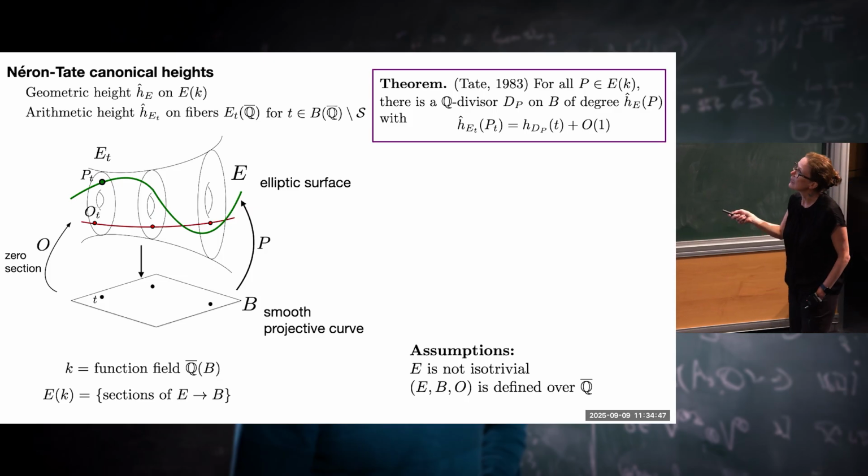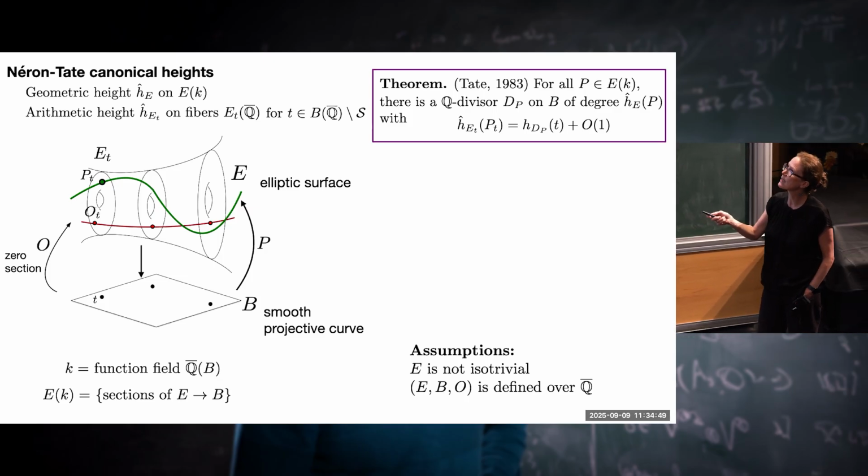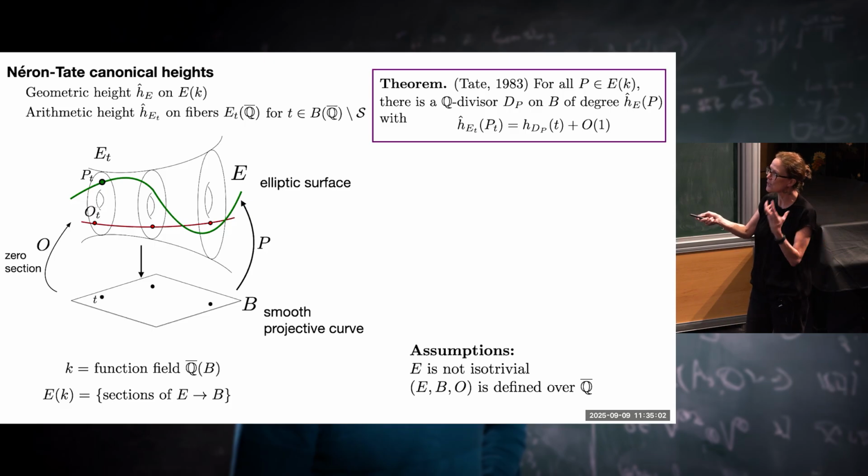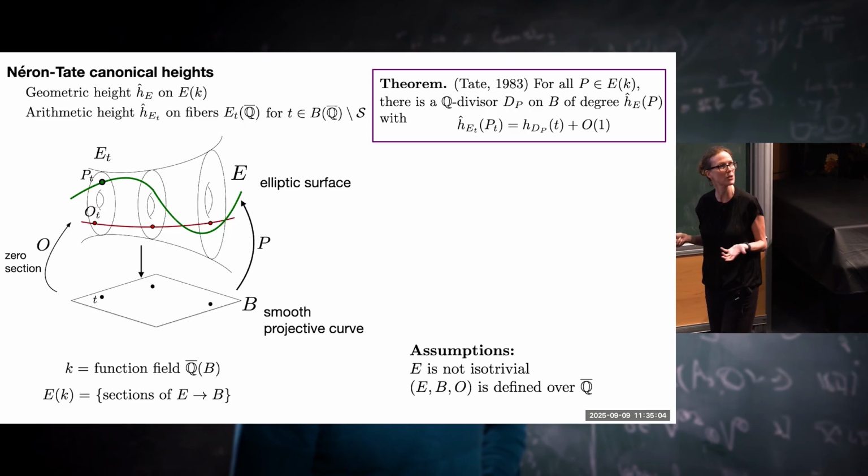Explicitly, what he showed was that if you take one of these sections, such as what I've drawn here in green, and you look at the arithmetic height along the points of that section, that really gives you a height on the base curve.